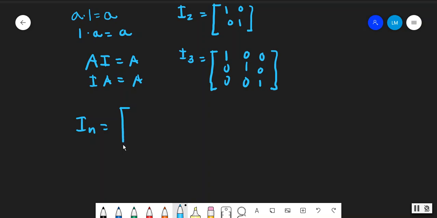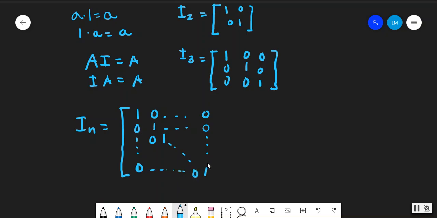So this is the nth identity matrix: 1, 0 followed by a bunch of zeros, 0, 1 followed by a bunch of zeros, and then a 1 on each following row, with zeros elsewhere, and it just keeps going.